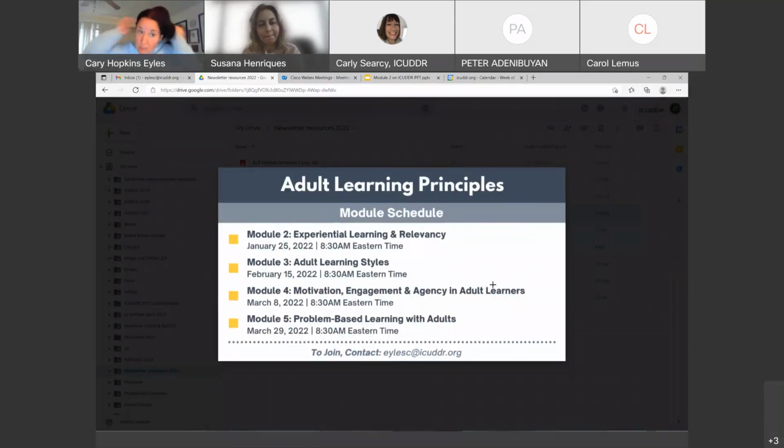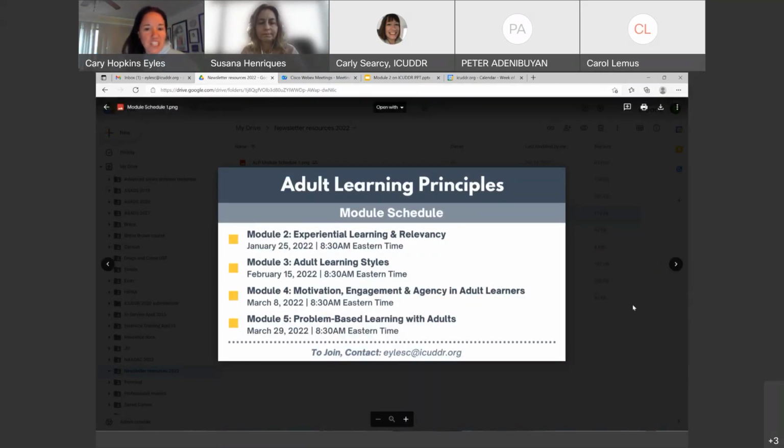For the next few parts, we have Module 3, where we're going to talk about adult learning styles. A lot of you are probably familiar with learning styles in general, but how do we use those learning styles to help work with adults to be more understanding of the different idiosyncrasies, whether they are tactile, visual, all of those great pieces.